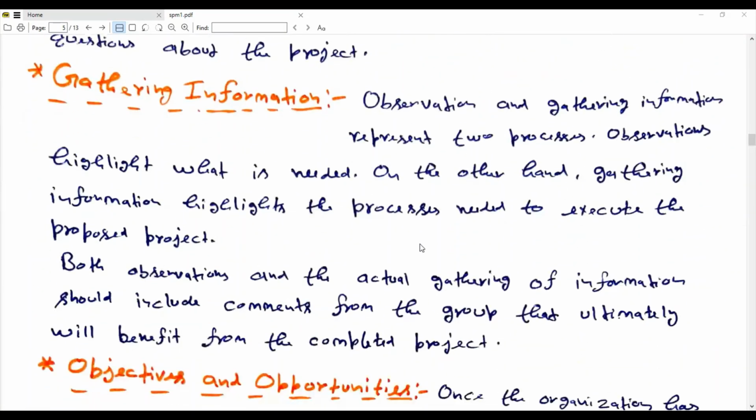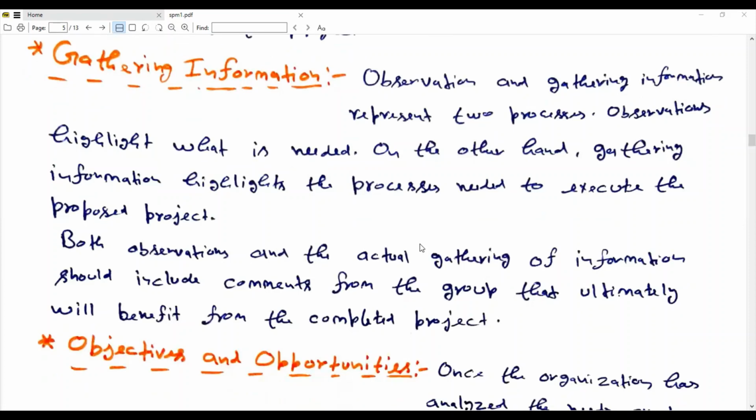The next stage is gathering information. After problem identification, we gather information related to the problem: how can we solve this problem, what kind of resources, and what kind of people we must have.